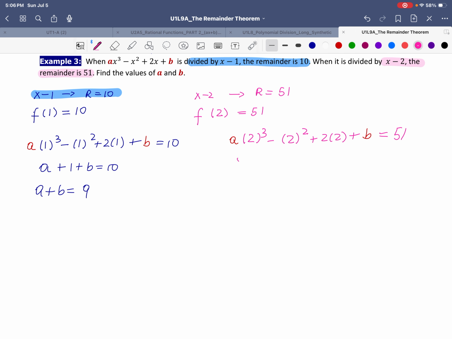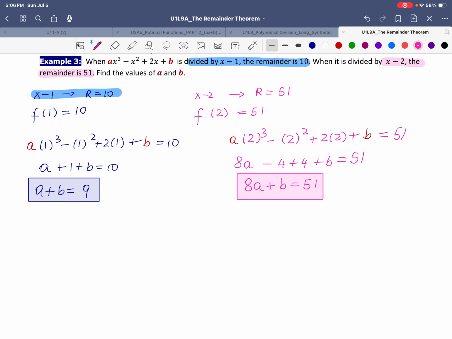So we have 8a minus 4 plus 4 plus b equals 51. So 8a plus b equals 51. So I'll call these the equations 1 and 2, or a and b, however you want to call them, or pink and blue. That's another option. And I'll put them together.